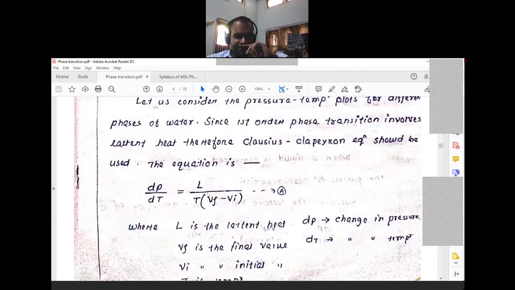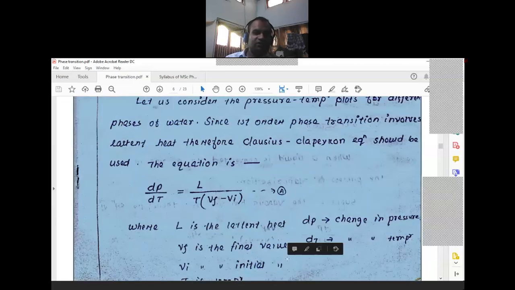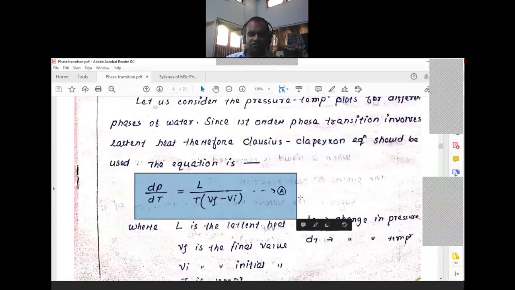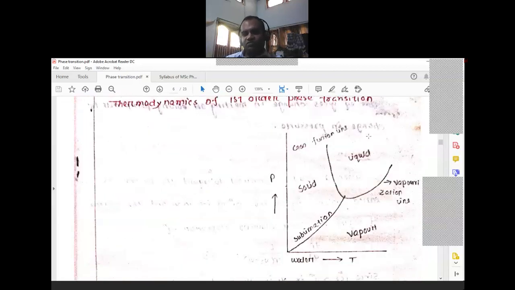So first order phase transition involves latent heat and change in volume. Here, first order discontinuous phase transition is characterized by a discontinuous change in entropy at a fixed temperature. The change in entropy corresponds to latent heat.